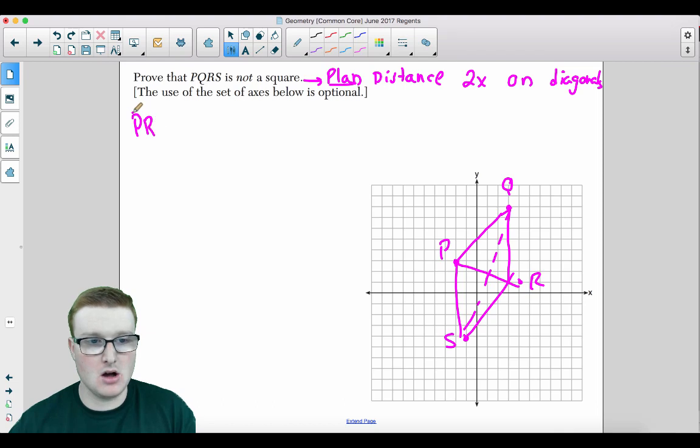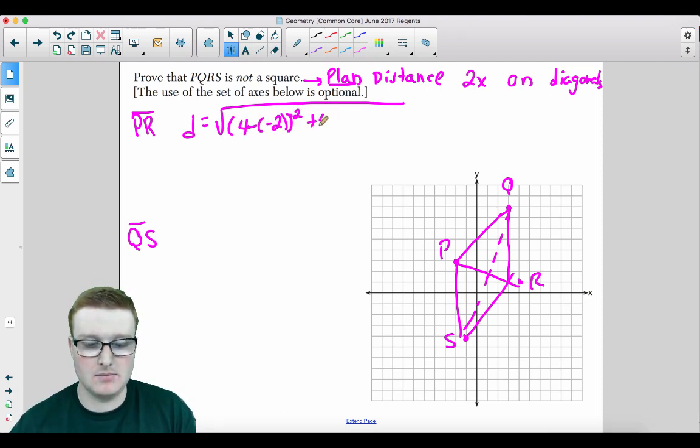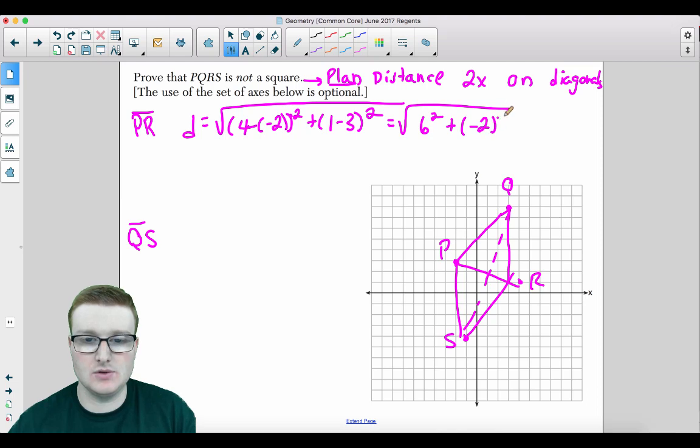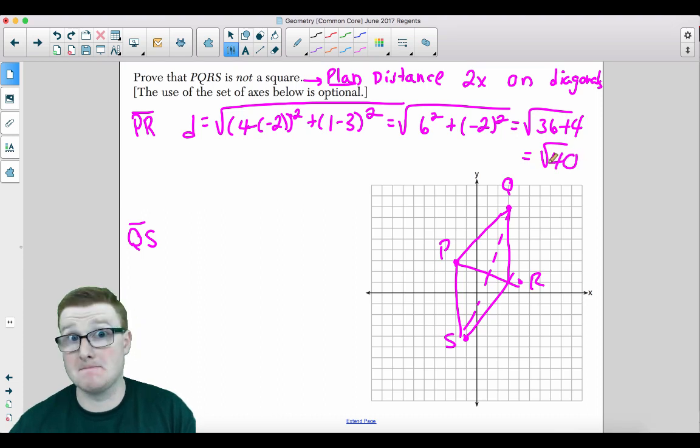So we're going to solve for PR, and we're going to solve for QS by using the distance formula. So D equals the square root of 4 minus -2 quantity squared plus 1 minus 3 quantity squared. We get the square root of 6 squared plus -2 squared, which is the square root of 36 plus 4, which is the square root of 40.